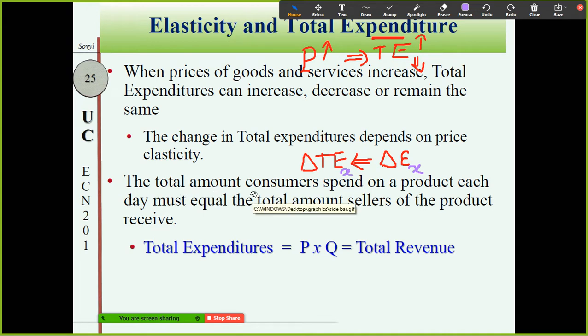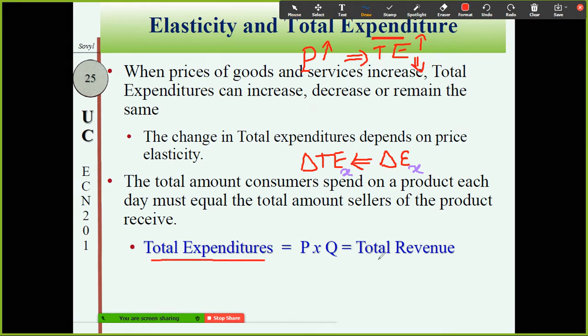Total amount of money that consumers spend on products or on services each day must equal the total amount of money that sellers, suppliers of that product, received. Okay, so in the market there are two sides: buyer or demander side, seller or supplier side.